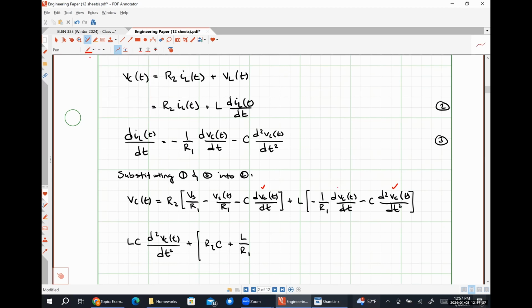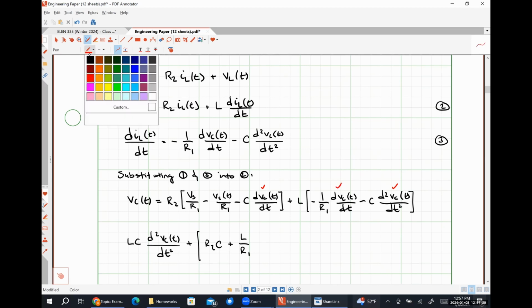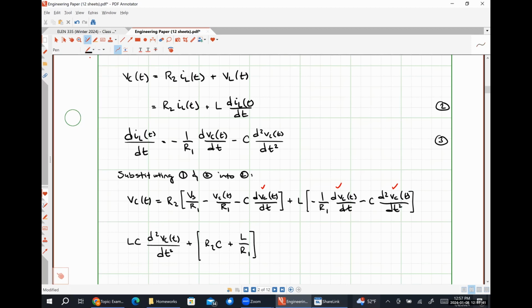That's from this term right here. And I believe those are my only first derivative terms.